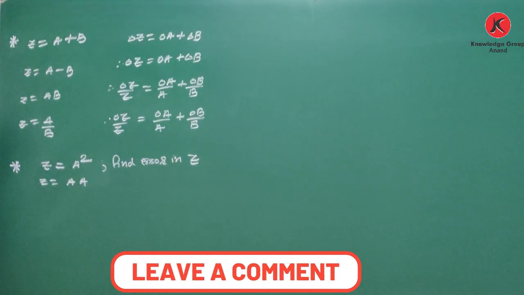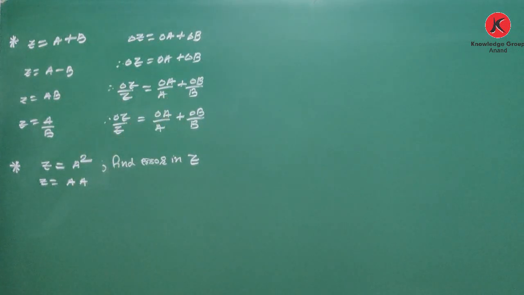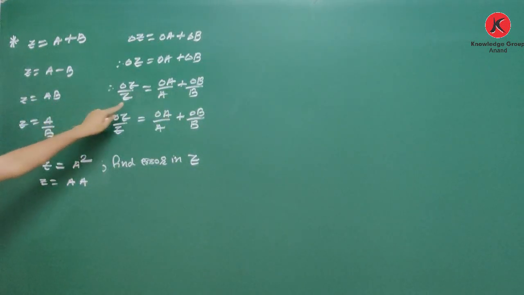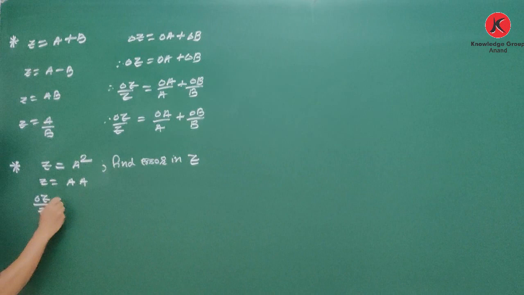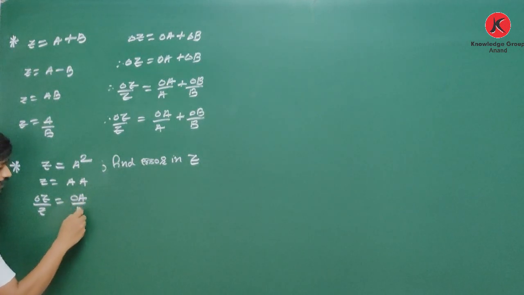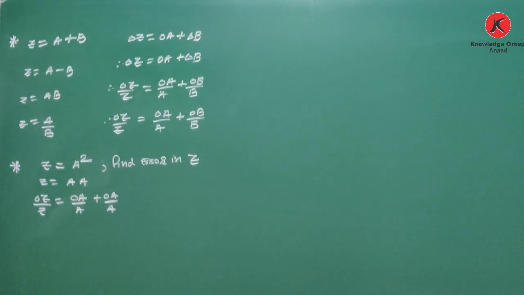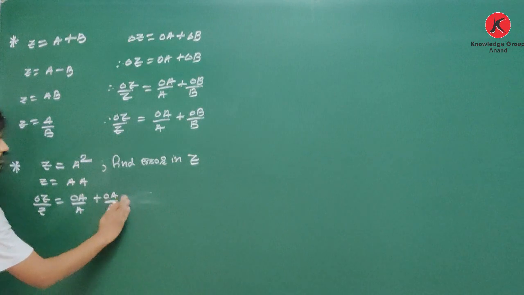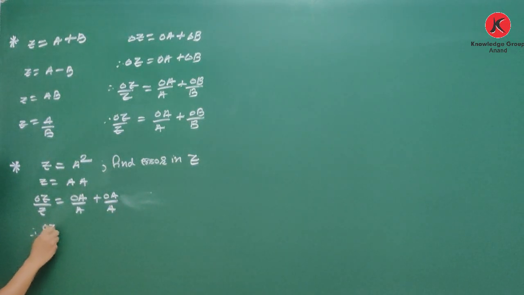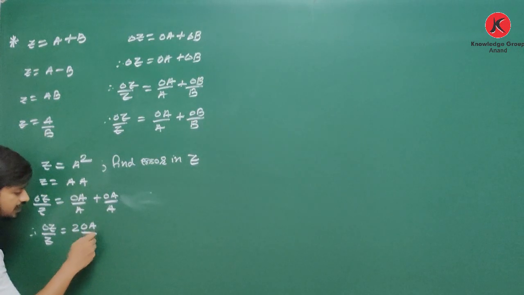So this is multiplication, and in multiplication you have to use this rule. Here Z is equal to AB, then it is delta A upon A plus delta B upon B. Here you have Z is equal to AA, so delta Z upon Z is equal to delta A upon A plus delta A upon A. So it is added, and I can write this delta Z upon Z as 2 delta A upon A.